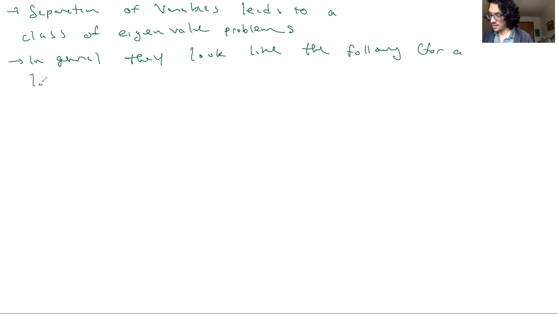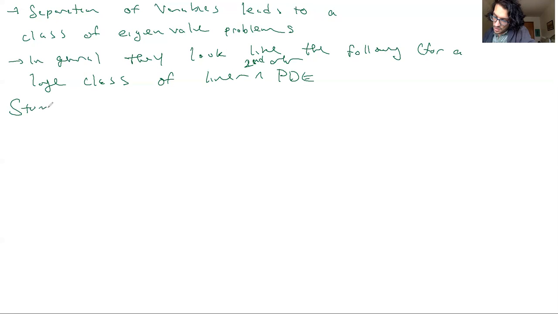For a large class of linear, let's say second order PDE, okay? And this is what's called the Sturm-Liouville problem, okay? And I'll just write this down.